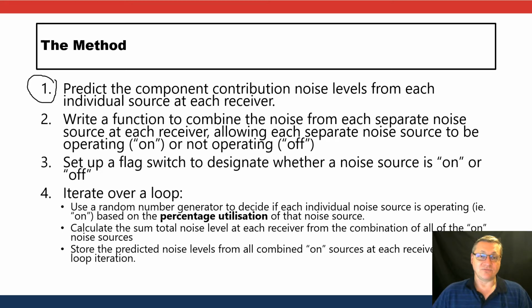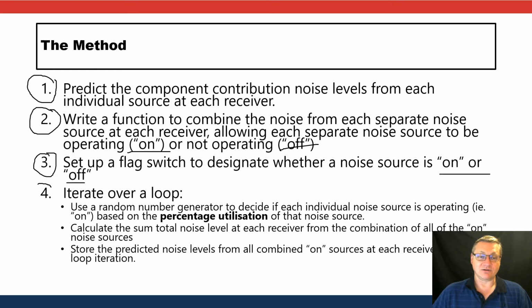We then use a function that we have written to combine the noise from each separate noise source at each receiver, but you allow each separate noise source to be either on or off. You then use a flag switch in your calculation to designate whether that noise source is either on or off.